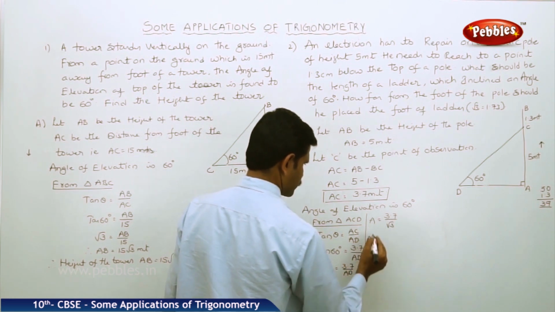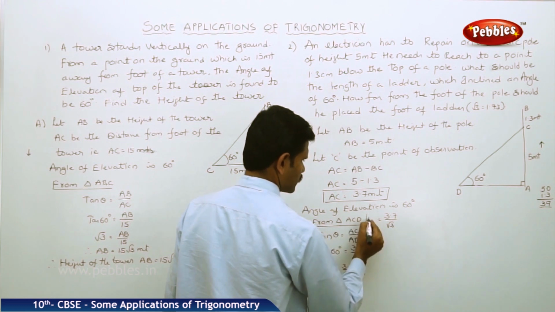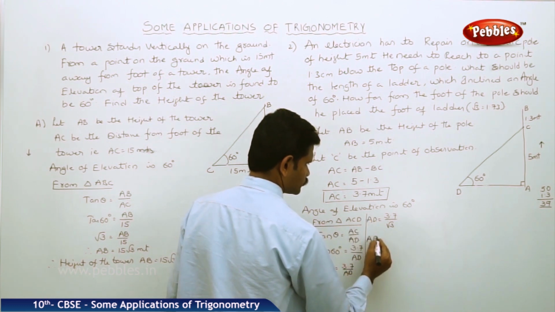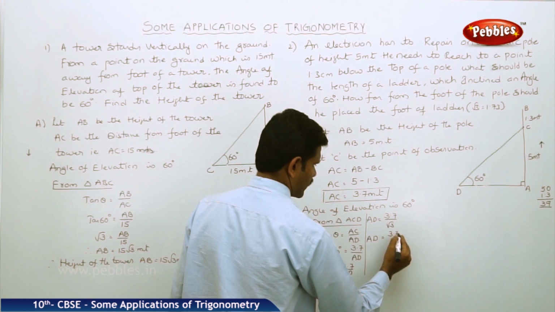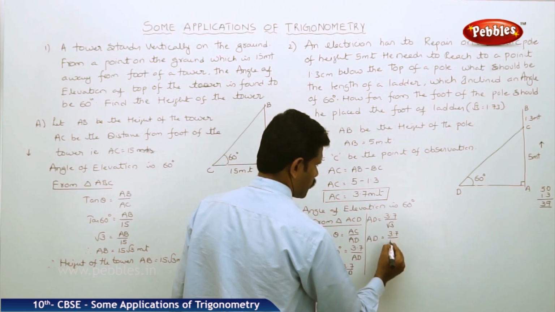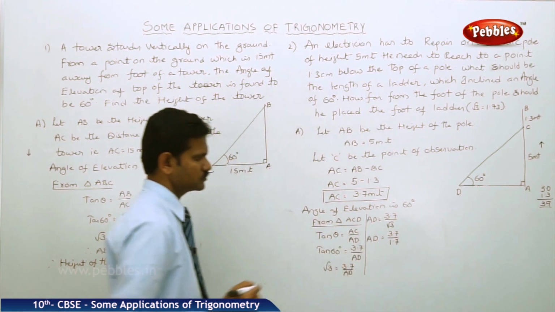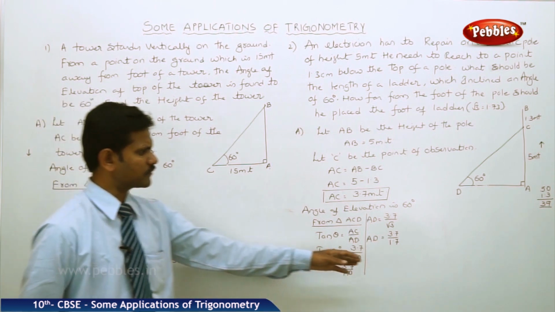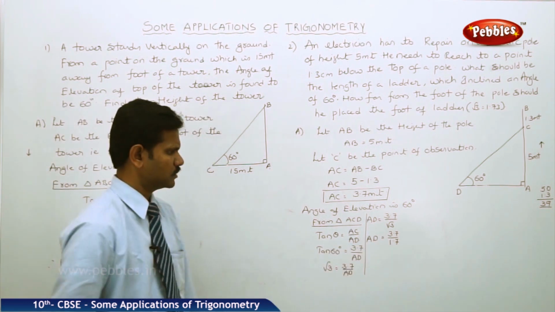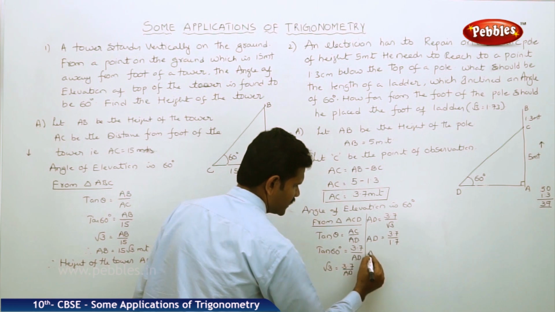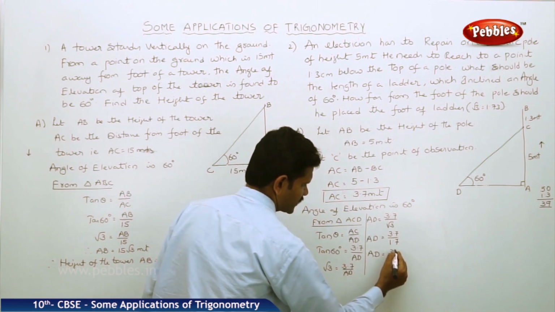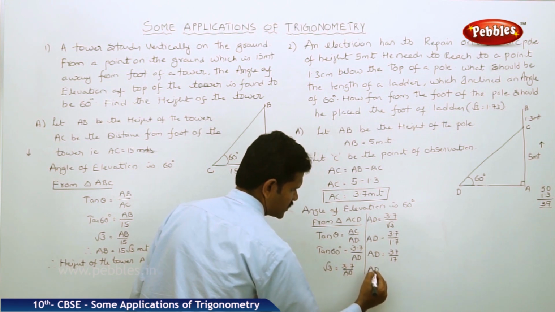That is AD equals 3.7 by 1.7, approximately, where I will consider one digit after the decimal only. Now AD is equal to 37 by 17.